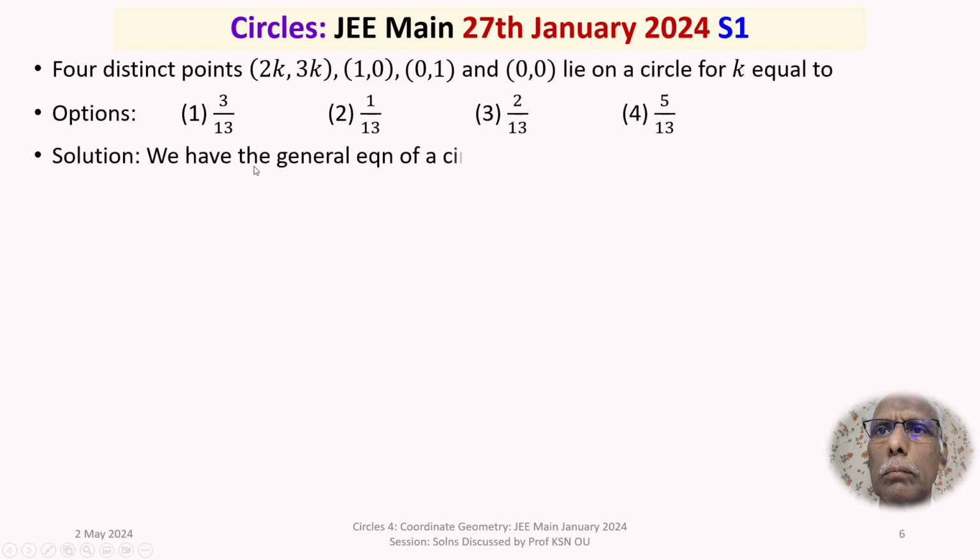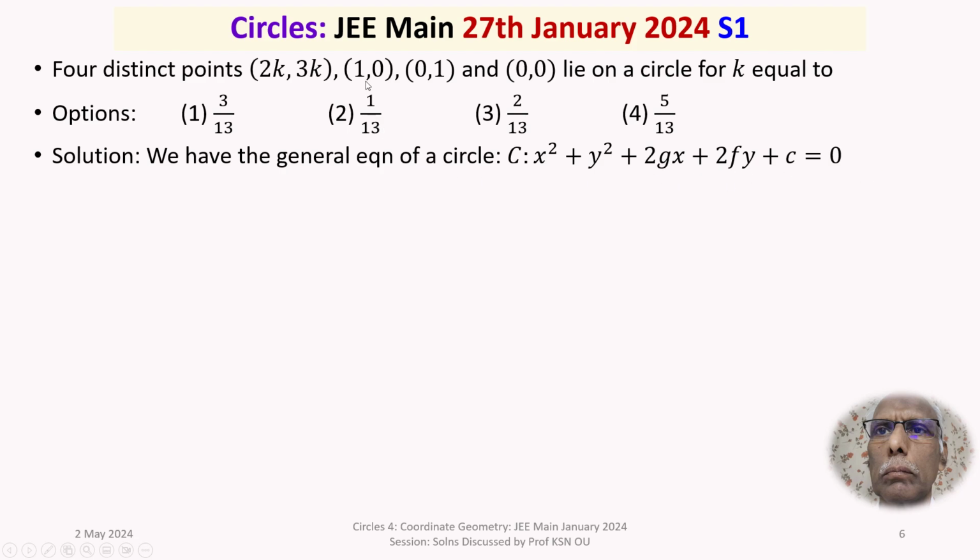We have the general equation of a circle: x square plus y square plus 2gx plus 2fy plus c is equal to 0. We note down there are 3 arbitrary constants g, f, c. If you are given 3 conditions, then with those 3 conditions we can obtain the values of g, f, c.